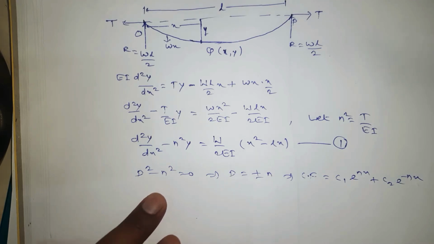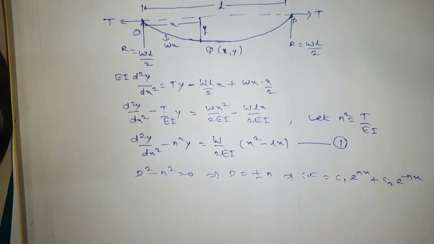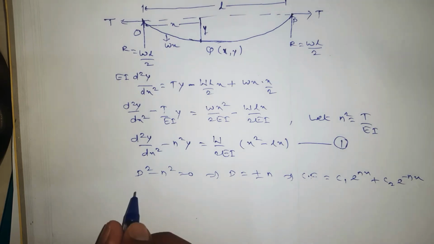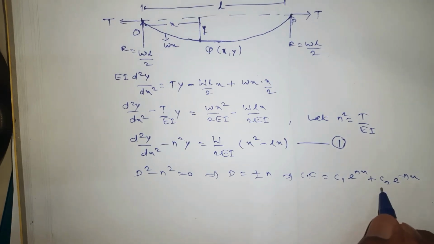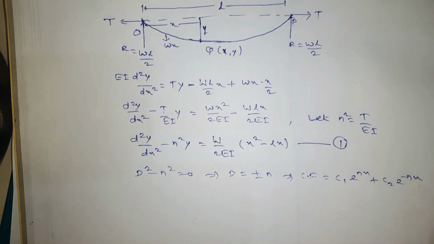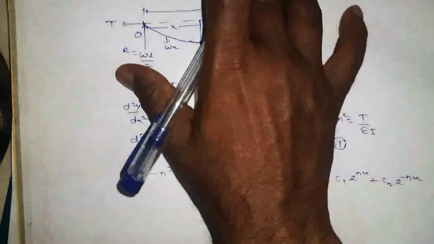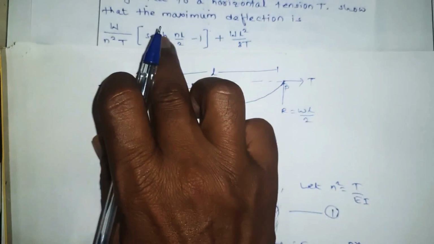Now let us find the particular integral. The complementary function is in terms of e raised to nx, but whatever I have to prove, in that I have to prove it in terms of sech, right?